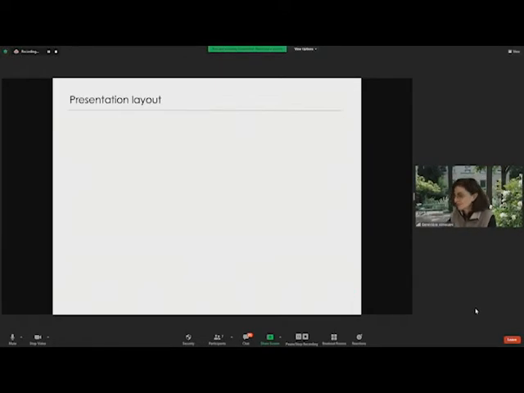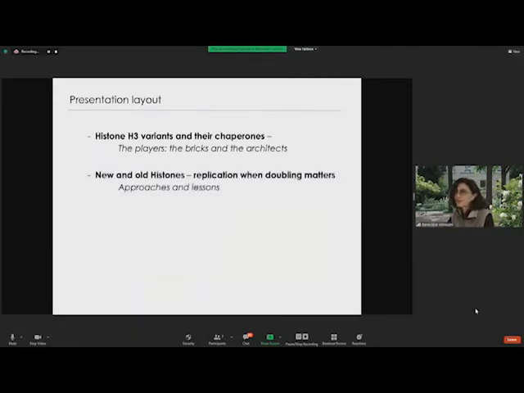First, I'd like to give a little background, considering histone H3 variants and their chaperones as the players, like bricks and architects. Then I will tell you how you can follow new and old histones, which is particularly interesting when chromatin organization is disrupted, such as during replication, where doubling matters. So here, approaches and lessons.